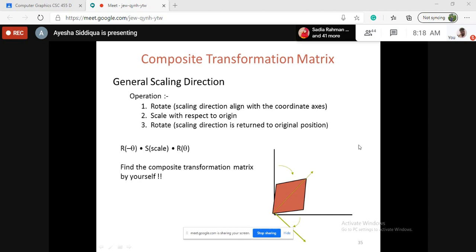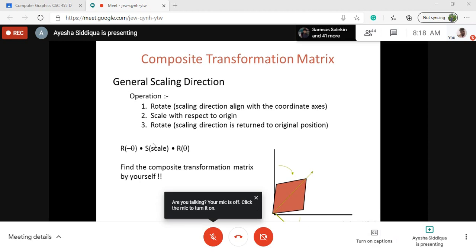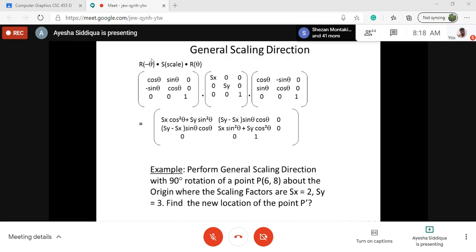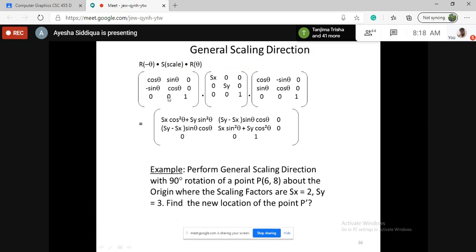So rotation negative, then scaling factor, then rotation positive, because you have to perform the negative rotation and the positive rotation, that is clockwise and anti-clockwise. Then you have to find the result. So you will take the rotation factor negative, then the scaling factor, and then again the rotation factor, and then you will find the final result for the rotation, scaling and then rotation.